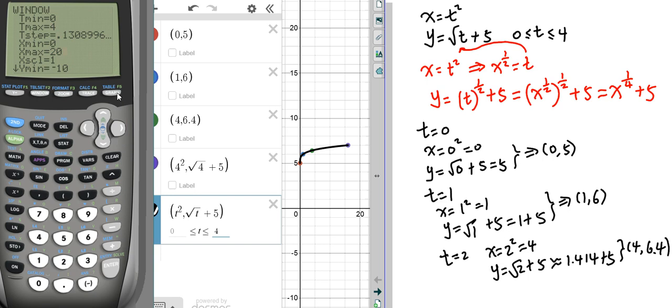When you graph it, the picture won't go that long. It just goes from 0 to 16, because t is restricted from 0 to 4. With 4 squared, the x value is 16. That's why it goes up to this far.